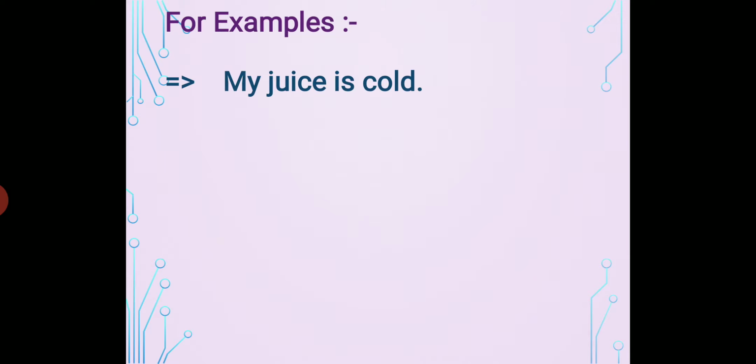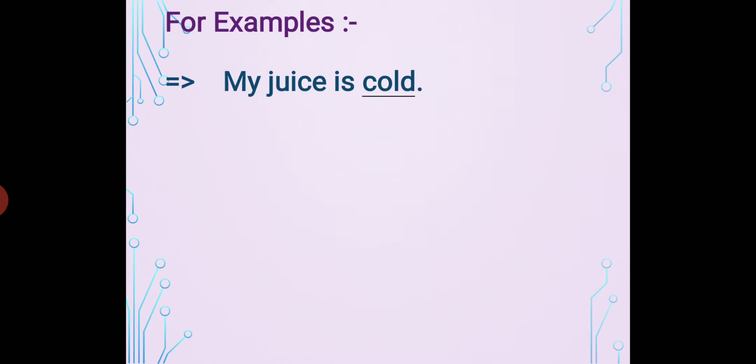Next, let's see some examples of the positive degree. My juice is cold. So, what is the adjective in the sentence? Cold. And it is also called the positive form of the degree.